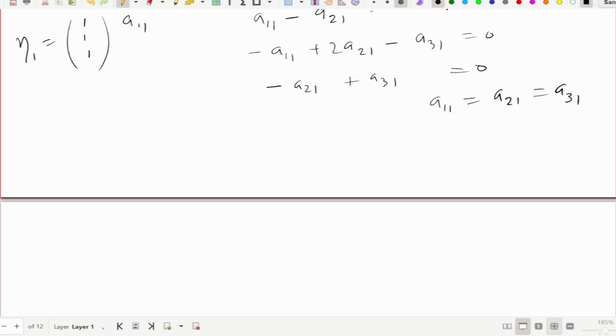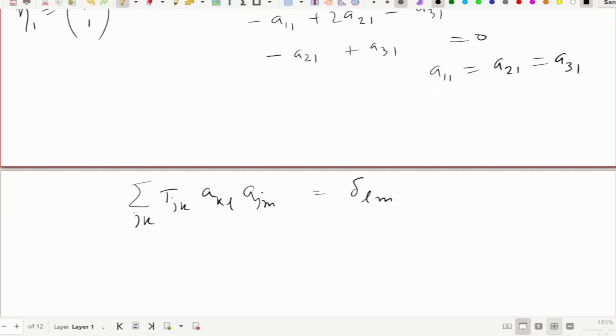Normalization, if you remember in last lecture, sum over j k of t j k a k l a j m was delta L m. So, I will show you one eigenvector how to normalize it, and then the rest you can do yourself. So, this was the normalization condition.